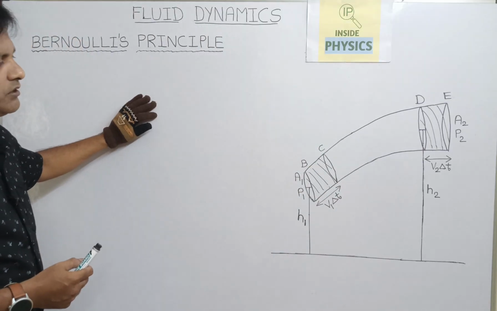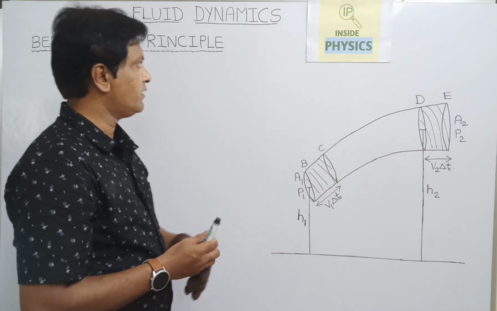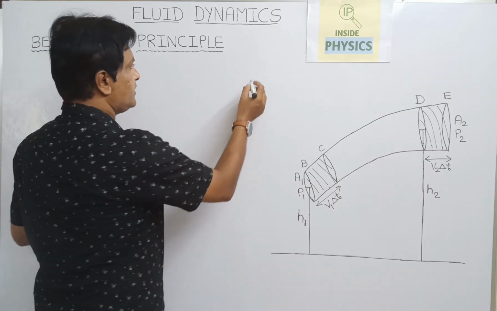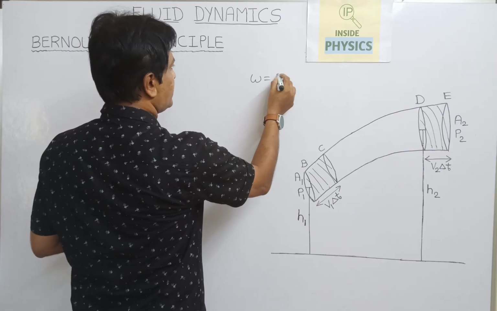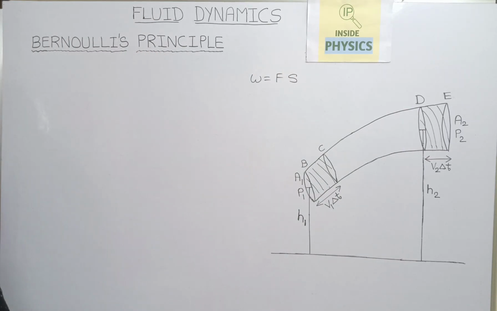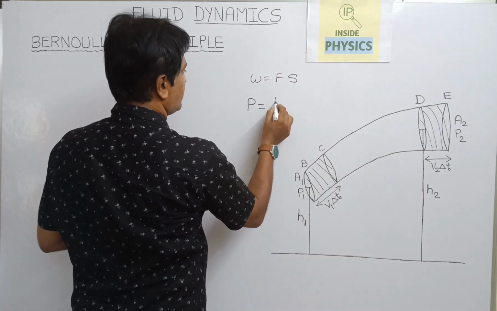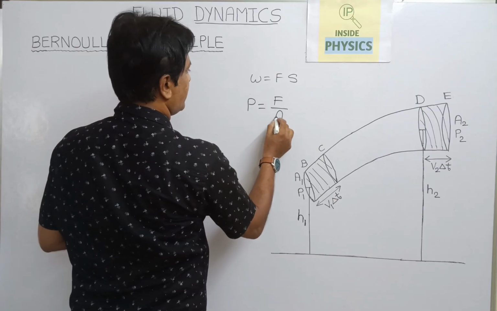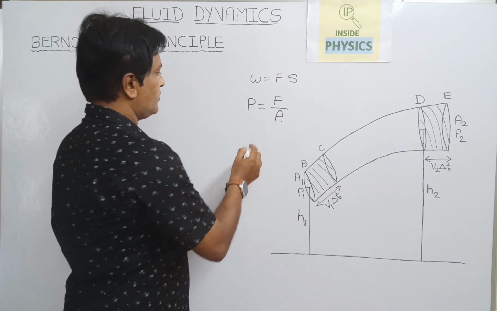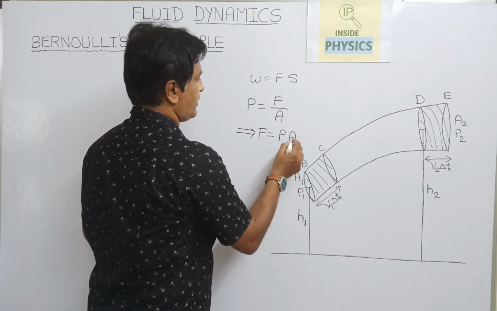So here the work done on the liquid, we consider the work done on the liquid, because we are considering the law of conservation of energy. We know that work done is nothing but force into displacement. Force is related to pressure. We can write pressure is equal to force per unit area. We know these relations. So if you consider the force from this, it will be pressure into area of cross section.